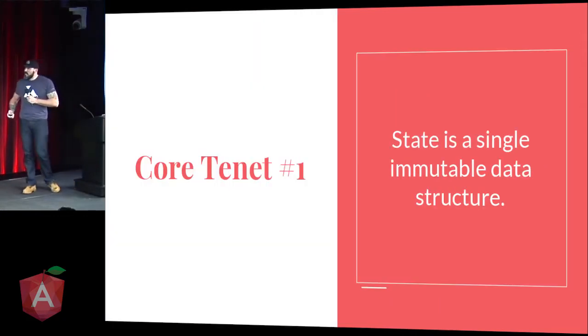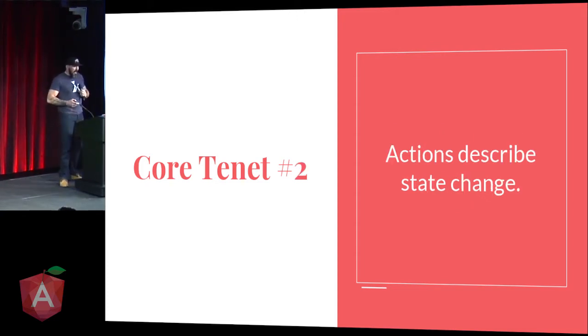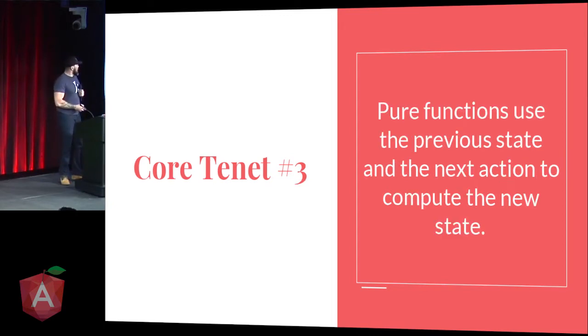So why do this? Redux core tenets: you have a state that is a single immutable data structure. It basically represents a single source of truth. The second one is that actions describe state change. The only way you can change the state of your tree that is contained in your store is by firing up an action and giving payloads.